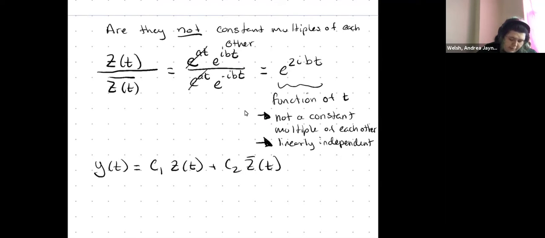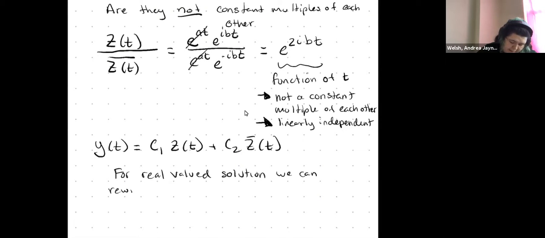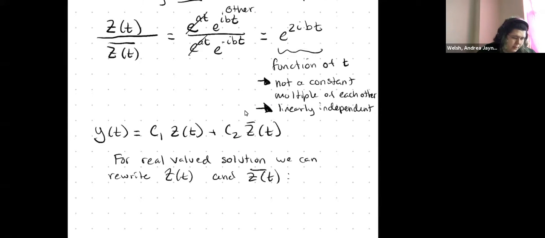So for real valued solutions, we can rewrite z of t and z bar of t as follows.